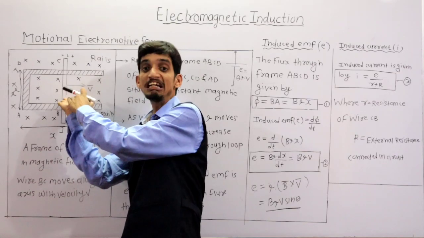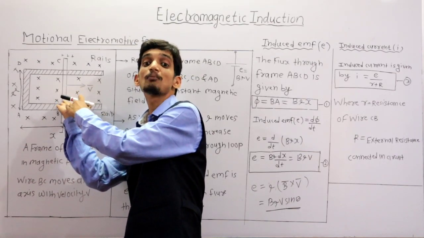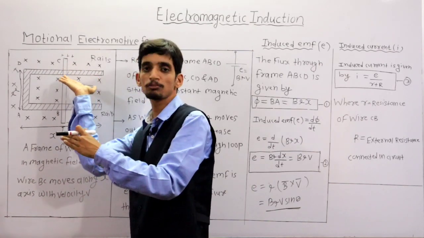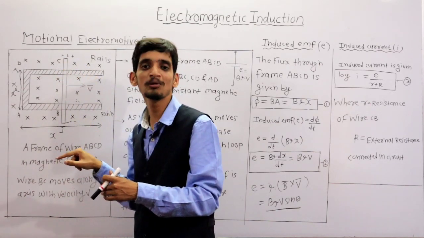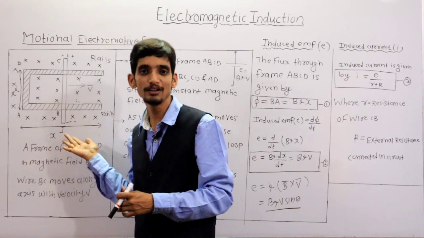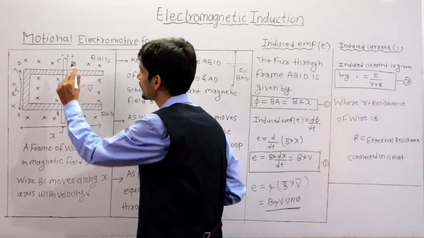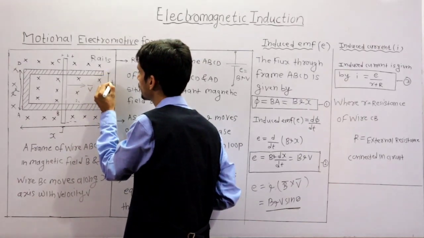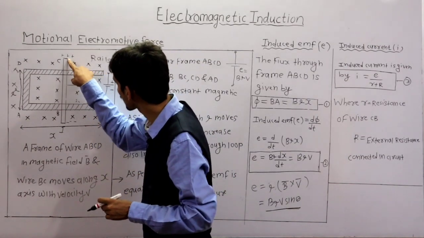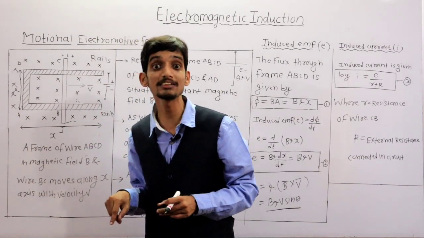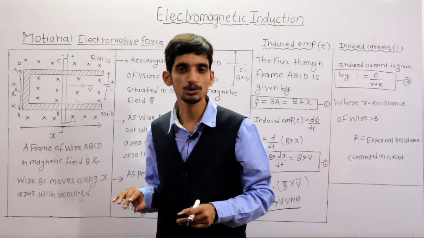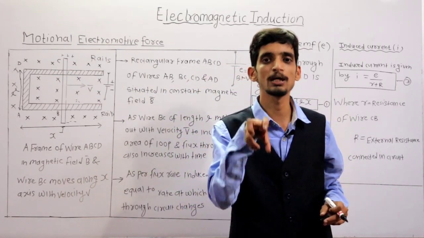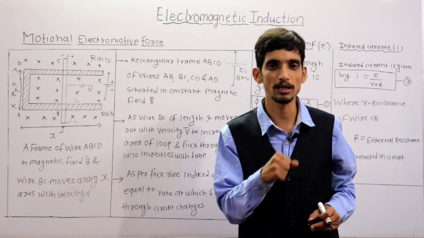Then the palm indicates the EMF polarity. It means in the upward side of the rod, the positive charges are accumulated and the downward side is negatively charged. That's why this particular rod is represented as a battery with polarity like this. So the upper terminal of the rod is positive, and the lower terminal is negative. Clear? So this is the way to find the direction of induced EMF during the process of EMI.